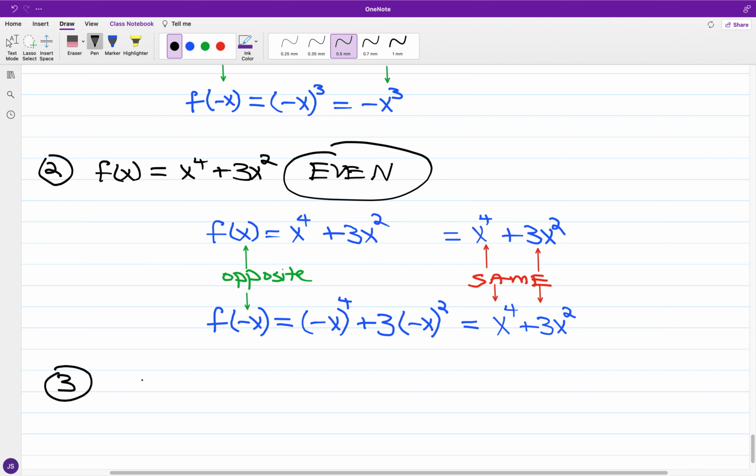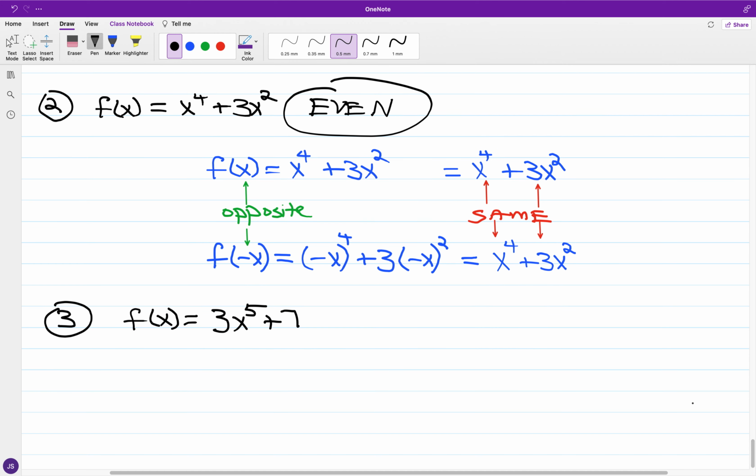And for what we have, let's say, for f of x is equal to 3x to the 5th plus 7. Only 2 terms here, but I think this will illustrate the point. So you have f of x is equal to 3x to the 5th plus 7.